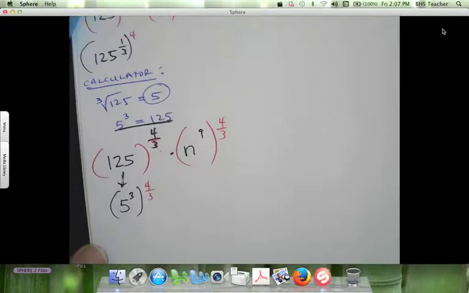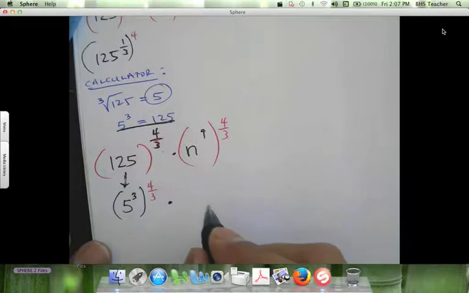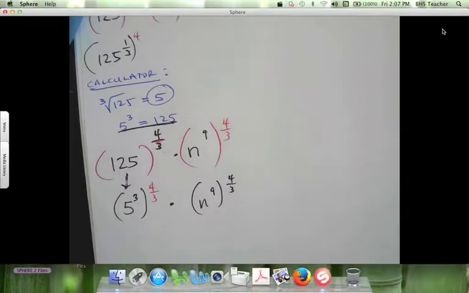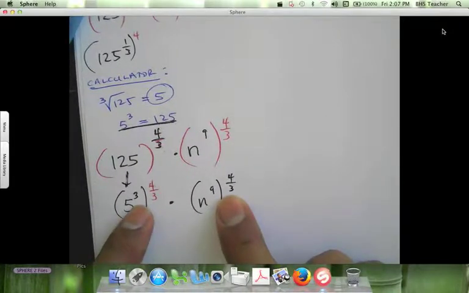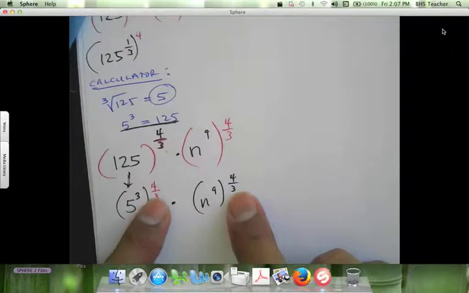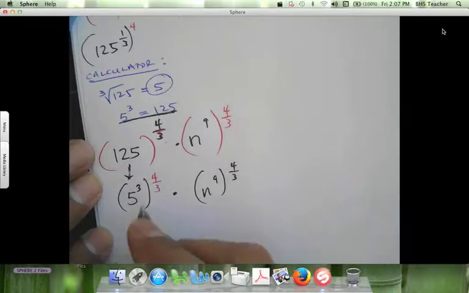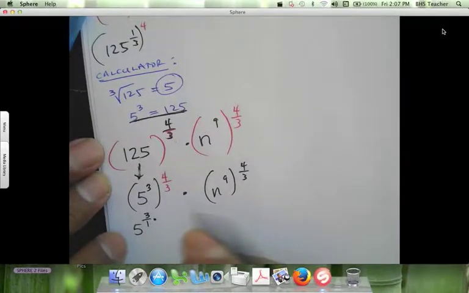And we'll just finish this off simultaneously. I got the n to the 9 also to the power of 4/3. See, I want to see your work like this, where you're showing me the exponents and the power rule, how it's applied. So this is going to be what? I'm just showing these steps. I know some of you can probably see what's going to happen.